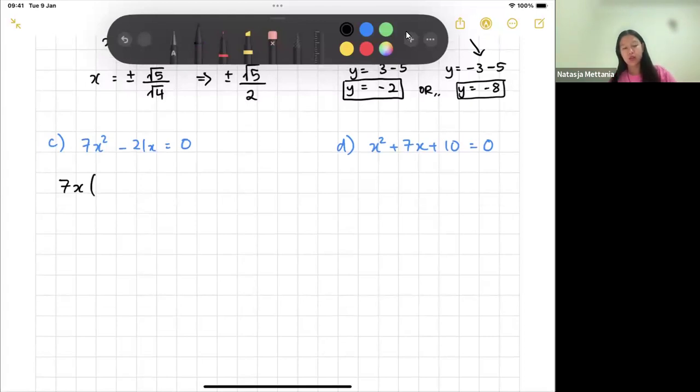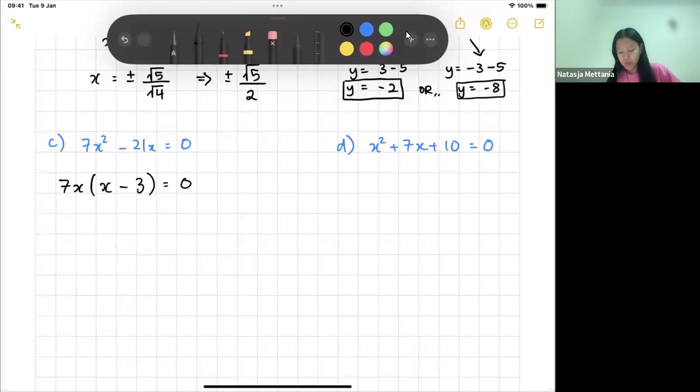Okay, that's my highest common factor. Now, to know what to put inside the bracket, all I'm going to do is 7x times what gives me 7x squared? Well, 7x times x gives me 7x squared. 7x times what gives me 21x? 3.